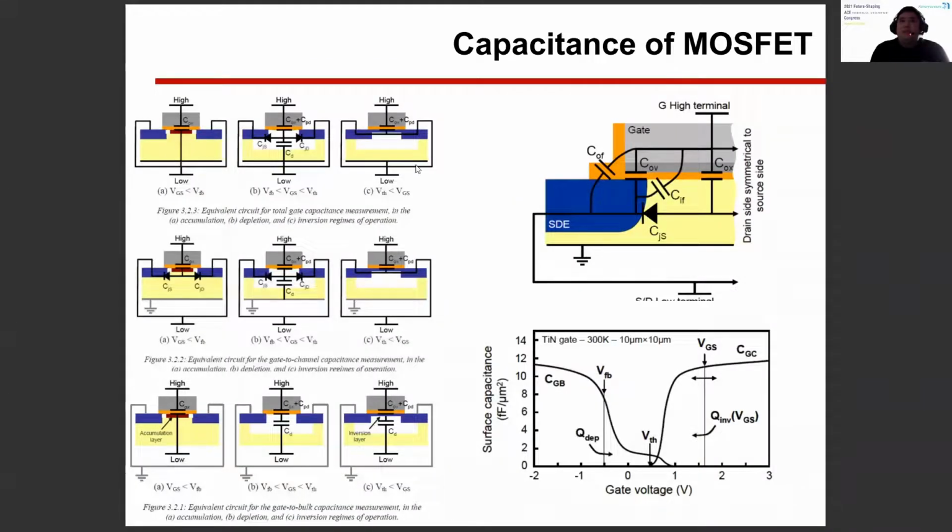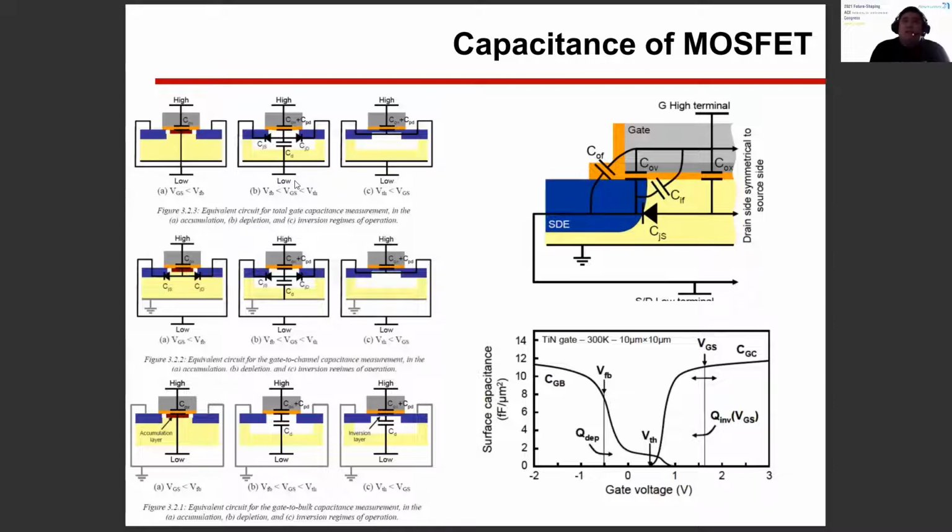As you can see, in the first row of photos, if we plug the drain, source, and body to lower voltage and high voltage on the gate, we can see the oxide capacitance and some other capacitances.